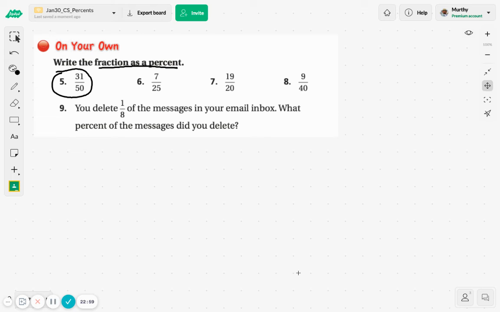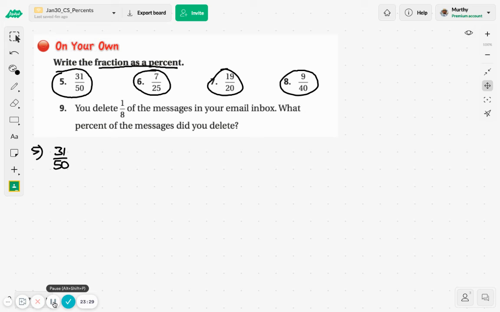I want you to try all these questions. As I told you before, let's say we are taking question 5. It is 31 over 50. When you are solving a problem, always, as I suggested before, you write the rule or condition.